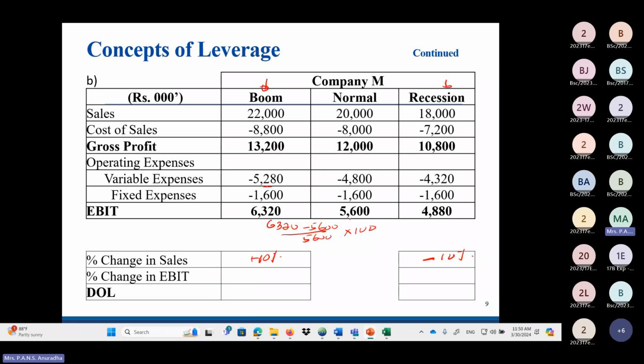EBIT has increased from 5,600 to 6,320. So how much is the percentage change? Simple calculation: 6,320 minus 5,600, the change, divided by the initial 5,600 profit, into 100. So how much is the percentage change in EBIT in the boom?